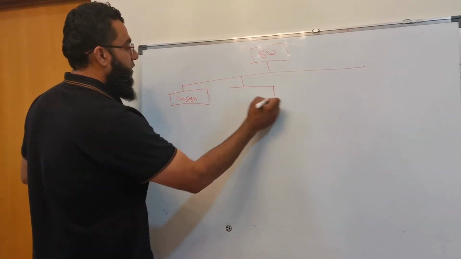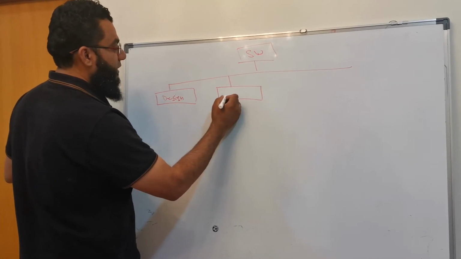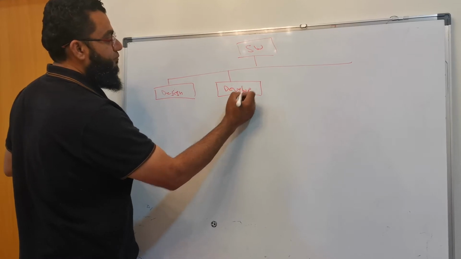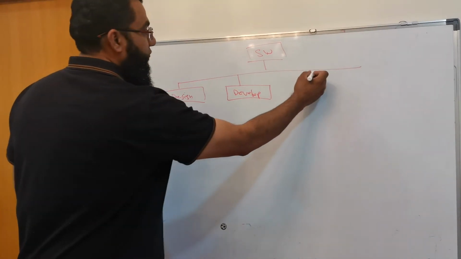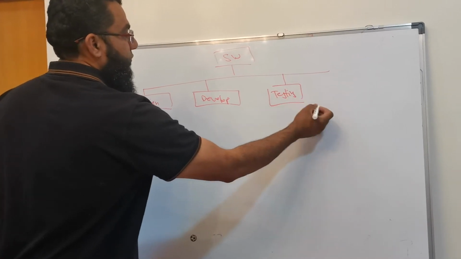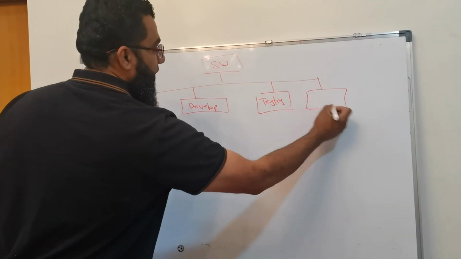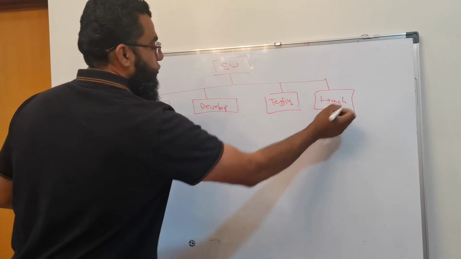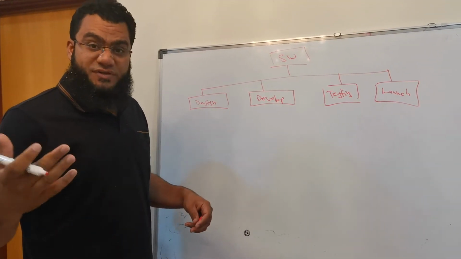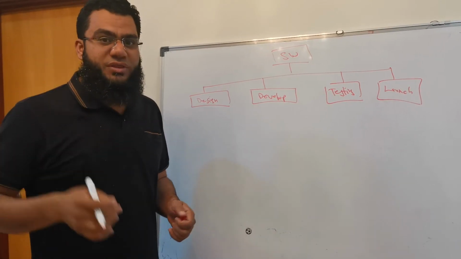After that, we are going to develop the application, so my second round could be development. Then my third round is going to be testing, and finally I can do my launch. So I'm going to have these 4 phases, and again you can have more phases if you want.